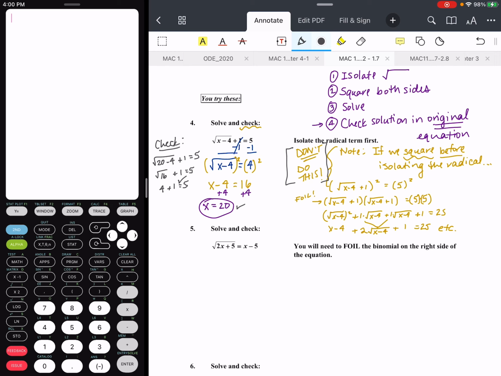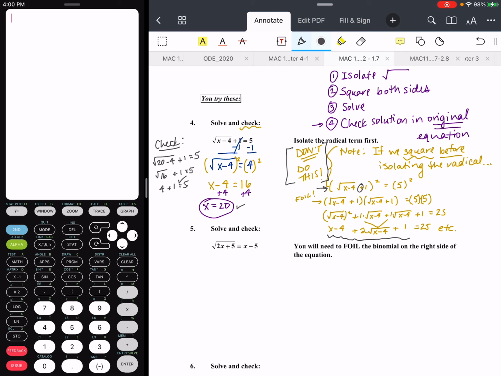So if we wanted to square the left side of that equation, square root of x minus 4 plus 1, that's actually a FOIL because of this plus sign, right? We've got the radical plus a constant. So we're really foiling here. If we FOIL it out, we'll end up with x minus 4 plus 2 times the square root of x minus 4 plus 1 equals 5 squared on the right, which is 25.